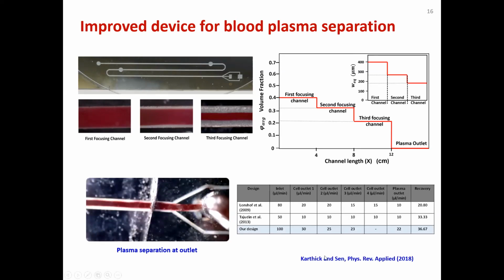With this improved understanding, we were able to work at a much higher flow rate of dense suspension and get almost double the flow rate compared to what was achieved in literature until that point. So that was some work that we did with dense suspension.